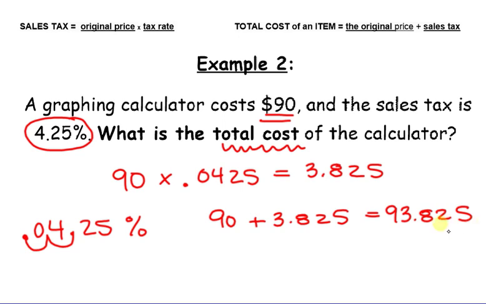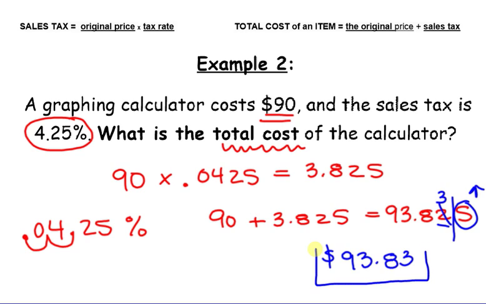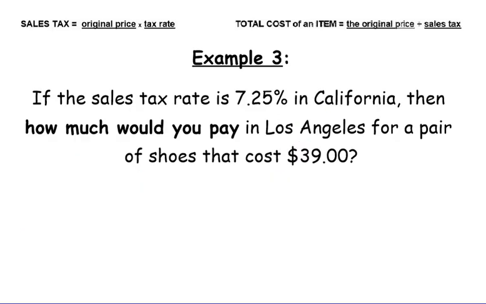So we're going to underline the hundredths place, draw our stick, circle the next number. The 5 tells us to go up, so we cross out the 2 and make it a 3. So your total cost with the sales tax is $93.83.